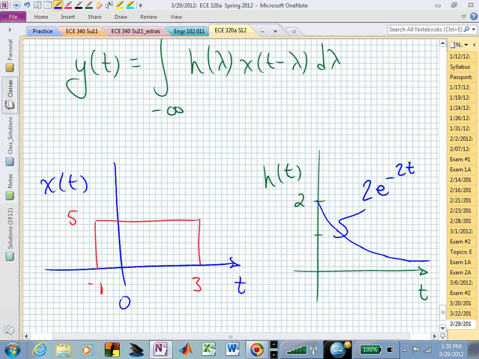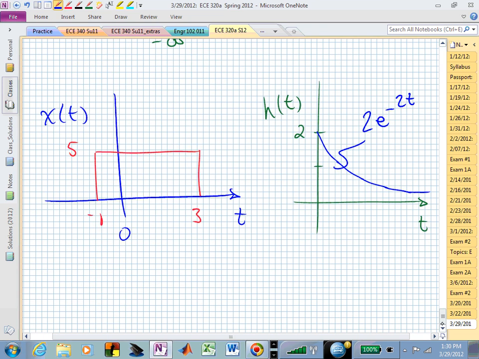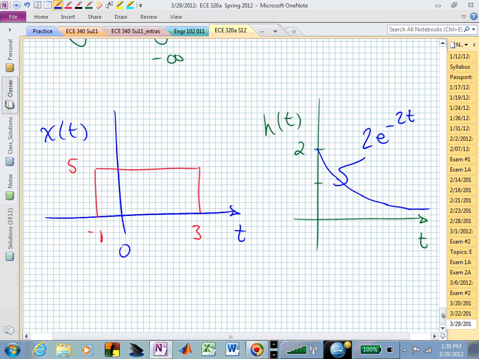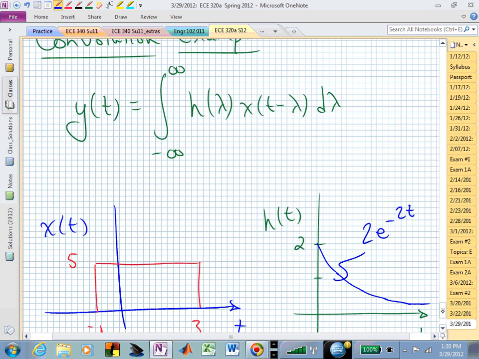Because I have things on either side of t equals 0, you can hopefully get a feel for what I'm doing when I flip it. Okay? So I'm going to leave h as it is, except I'm now going to rewrite it as h of lambda so that it's in terms of what the integral looks like up above.